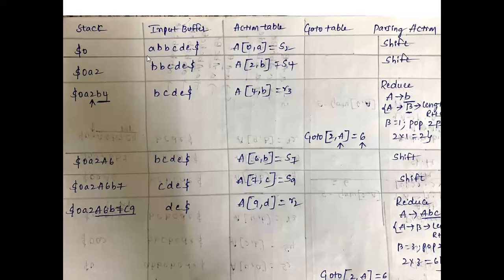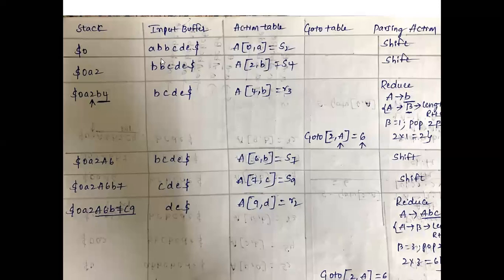What am I shifting here? First, I need to shift the symbol from the input buffer to the stack, and then what number to be shifted along with this. That means initially the stack is empty with 0, and after performing the action with 0 comma A, I need to perform the operation shift, right?